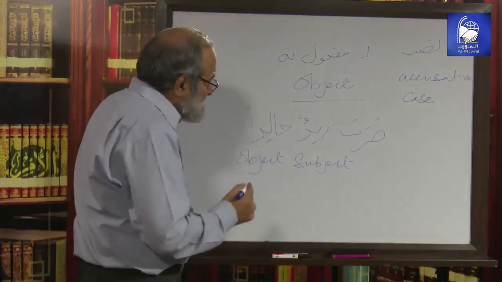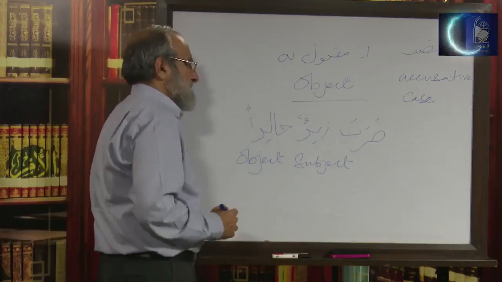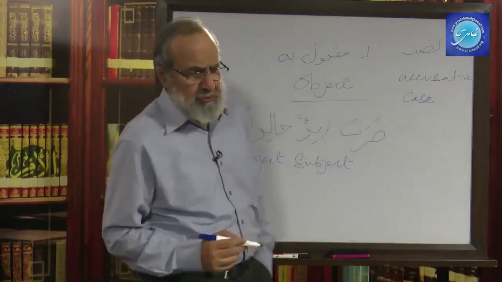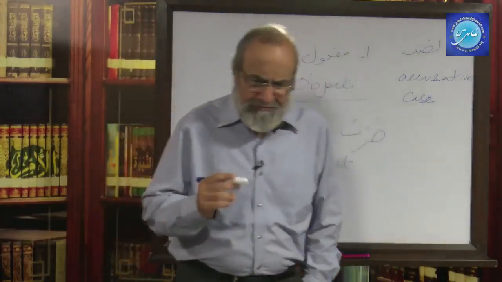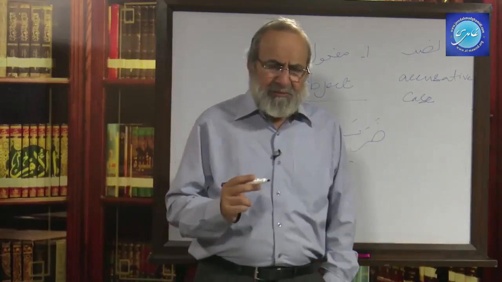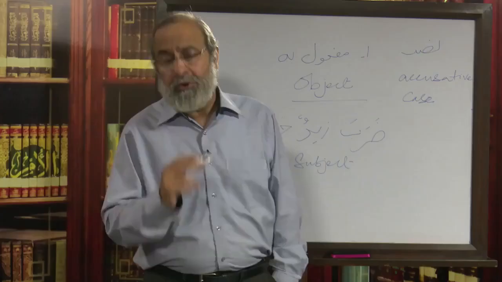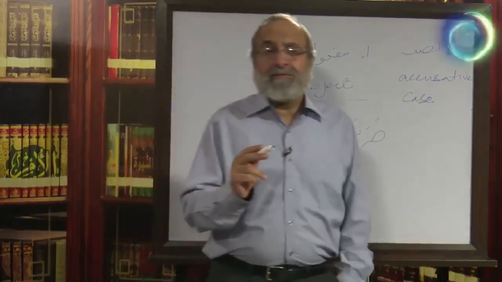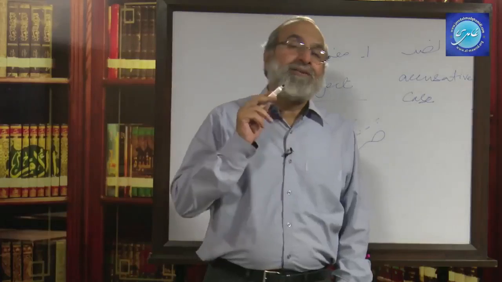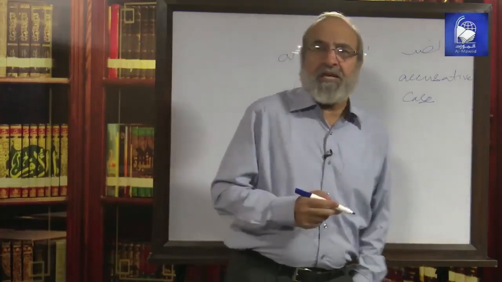We move a little further and we talk about another verb which by its nature is such that it does not require the need for one object. Instead, it requires two objects. Such is the nature of certain verbs.